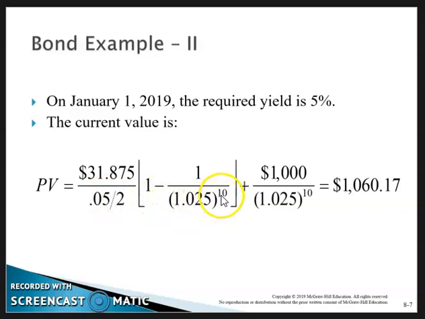And our N or T is 5 times 2, that's 10. And then we add the maturity or face or principal or par, whatever you want to call it, divided by 1.025, again that's 1 plus 0.05 divided by 2, to the 10th power, and we get a value of $1,060.17.